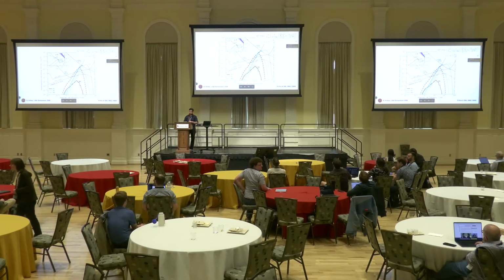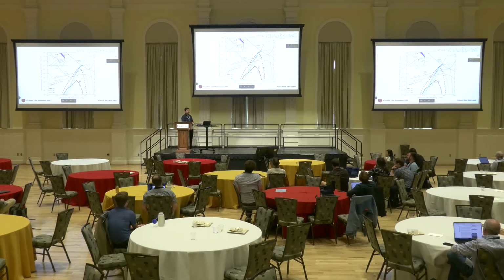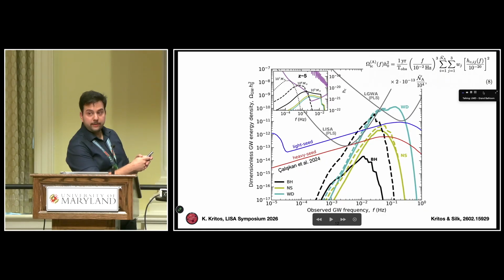So maybe I didn't catch it, but how long did you integrate the sensitivity curve here? Oh, this is scaled to 4 years. Of course, you can put your favorite number here, 10 years, but this background doesn't depend on that because the number of events would increase.